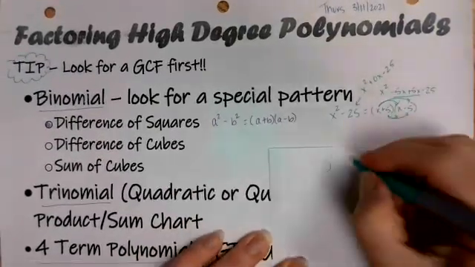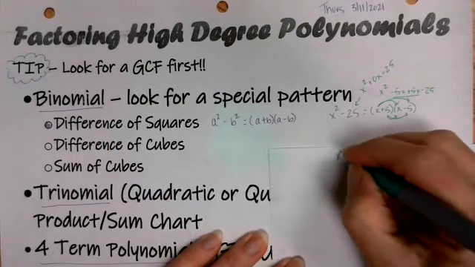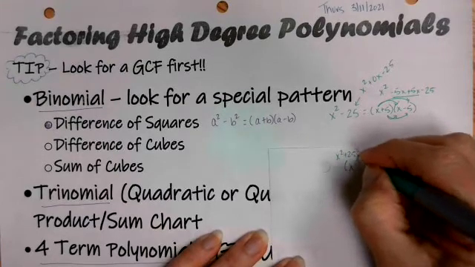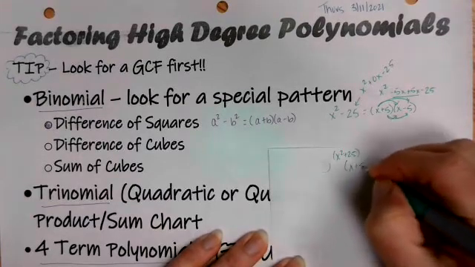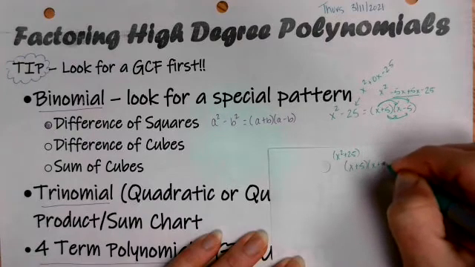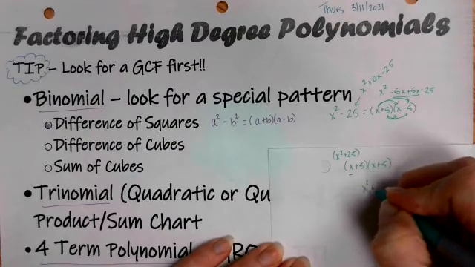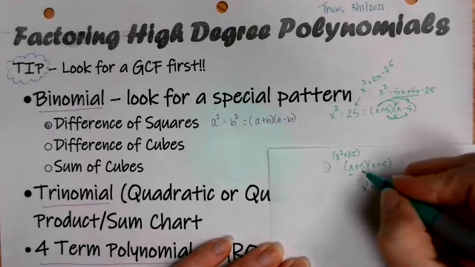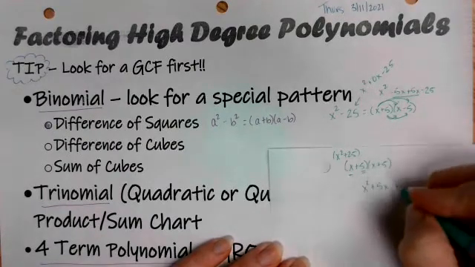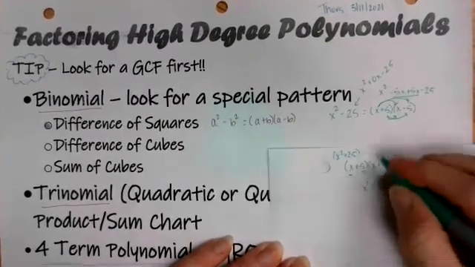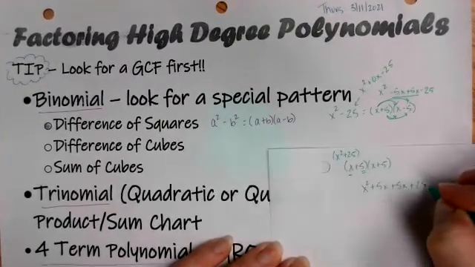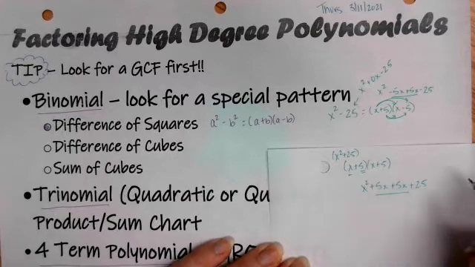So if I wanted to get, let's say, x squared plus 25, it would be great if I could do x plus 5 times x plus 5. But if I multiply these out, starting with my x, we'll have x squared plus 5x. And then with my 5x, 5 times x, and then 5x times the 5 would be 25. I'm going to end up with a positive 10 in the middle.